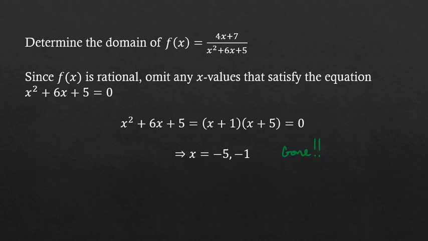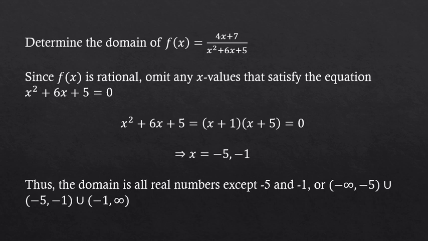So now we can state what the domain of this function is. Therefore, the domain is all real numbers except these two, except negative 5 and negative 1. If you don't want to write it out in words, if you want to write it using interval notation, that would be negative infinity, comma negative 5, union negative 5, comma negative 1, union negative 1, comma positive infinity.